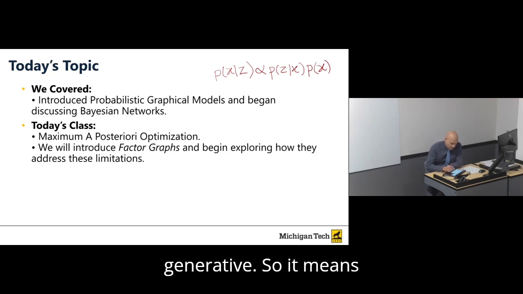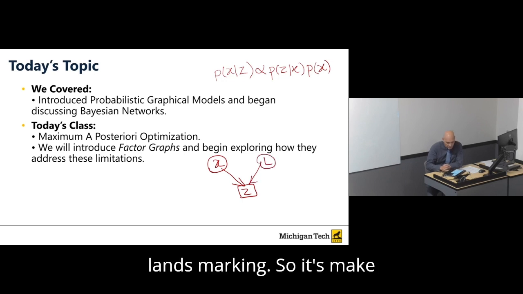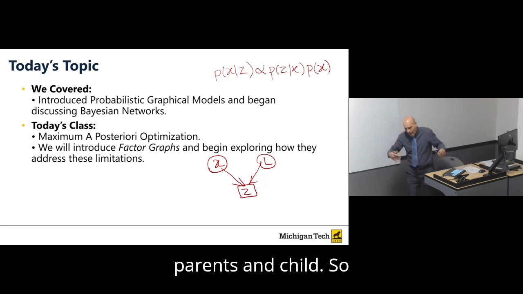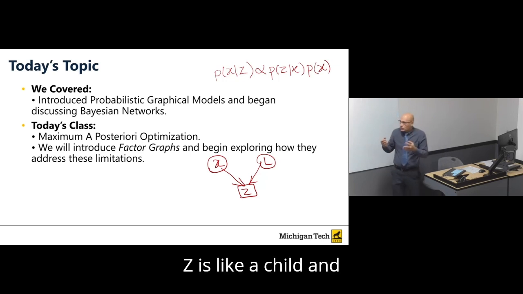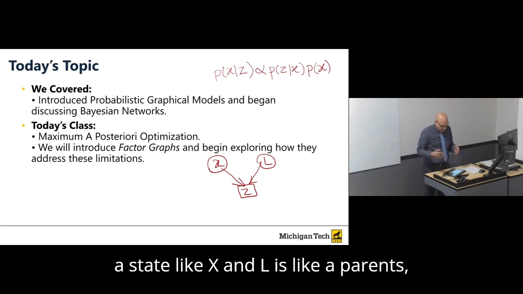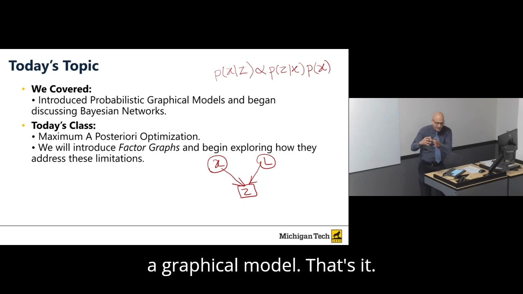generative. So it means measurements like z come from some states and landmarks. So it makes a model of parents and child. So Z is like a child, and states like X and L are like parents, and this relationship can be modeled with a graphical model.